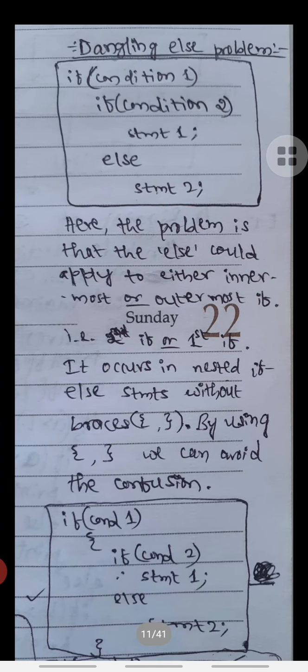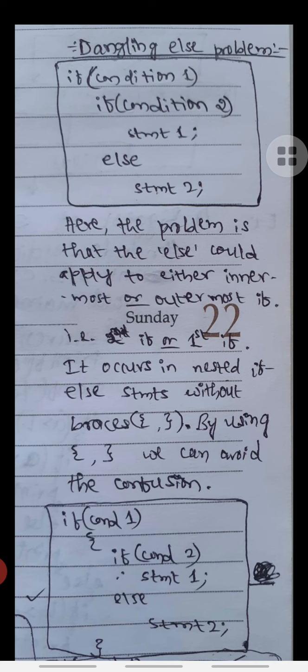Okay, inside this nested if else there is one problem called the dangling else problem. Here an if condition is there, and inside that if condition, one more if condition, and statement 1 and else statement 2. So this type of sequence of statements creates a problem, that is the dangling else problem.